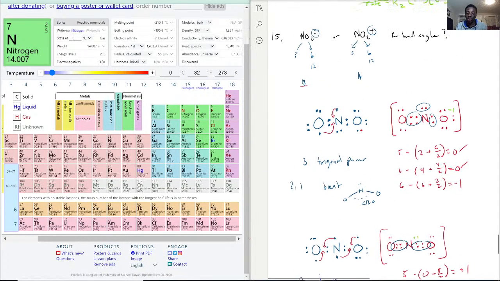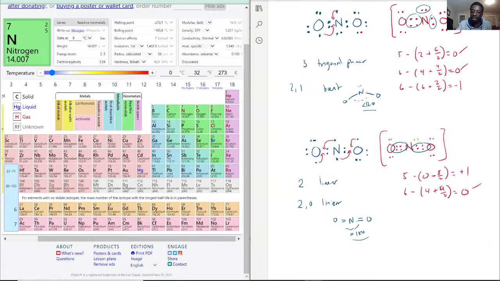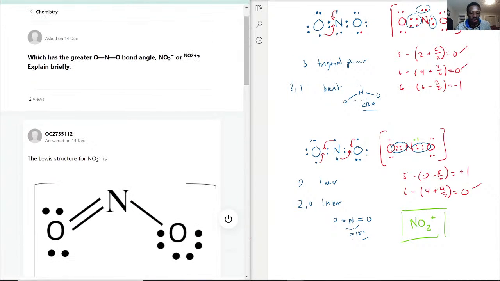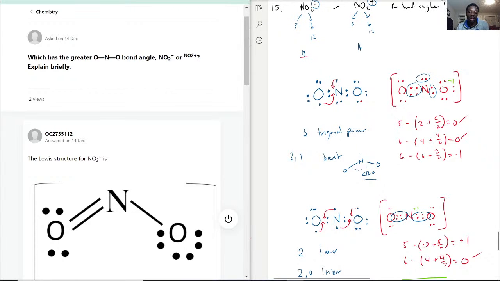And so they asked in the original question, which has the greatest bond angle? Based on this and everything we've done so far, we have one that's less than 120 and one that's 180. So the NO2 plus, that would be our answer, is going to have the greater bond angle between the two, because based on the Lewis structure and the electron and molecular geometry, that one is going to be a linear shape, while the NO2 minus is going to be trigonal planar, which goes down to a bent shape.